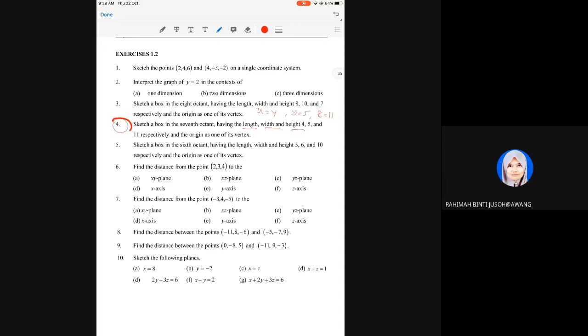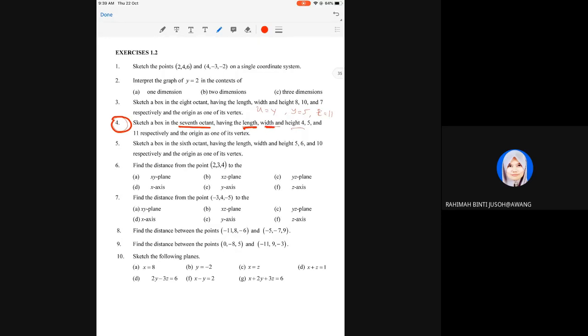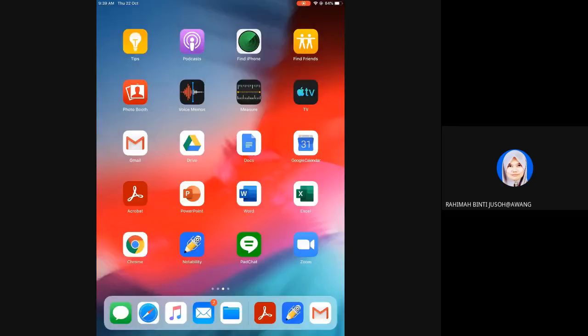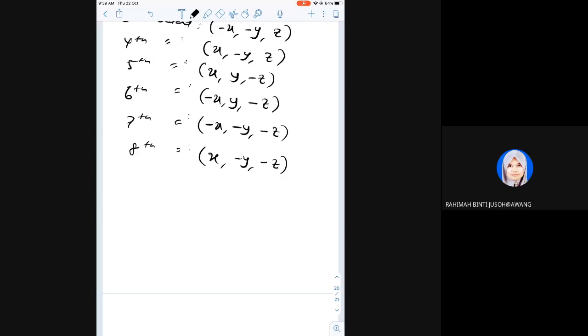Number 4 ni dia 7 octant. Okay guys, length means X, width is Y, and height is Z. Alright, so 4, 5, 11. Question number 4.